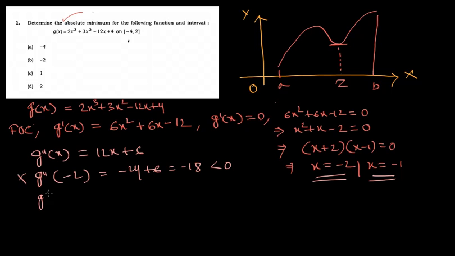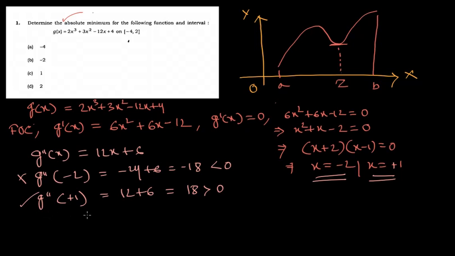Now we find g double dash at the point, this is not minus 1, this is actually plus 1. So g double dash of plus 1 is equal to 12 plus 6, which is equal to 18, greater than 0. So now it is clear that at plus 1 we have a minimum value.